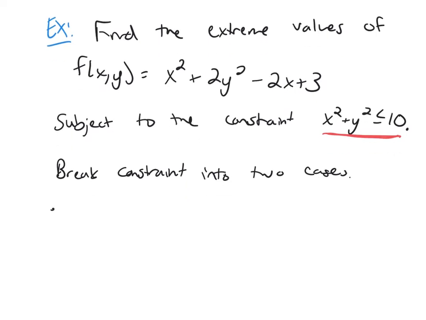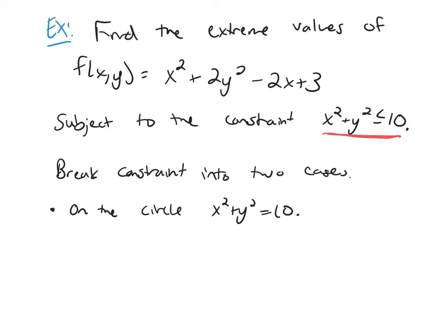The first case will be where it's equal to, and if it's equal to, then you're looking at a circle. So on the circle, x squared plus y squared equals 10.